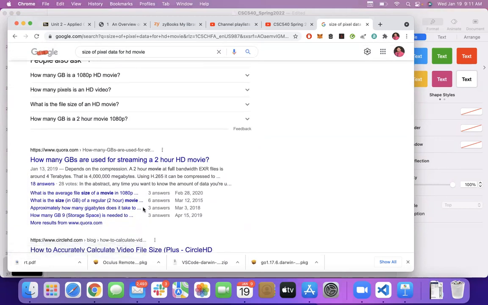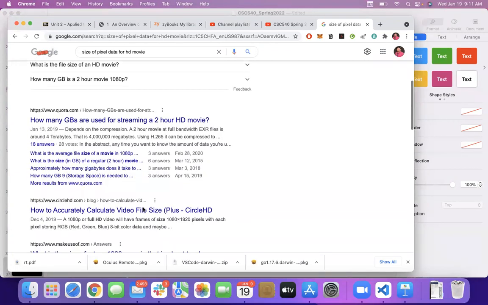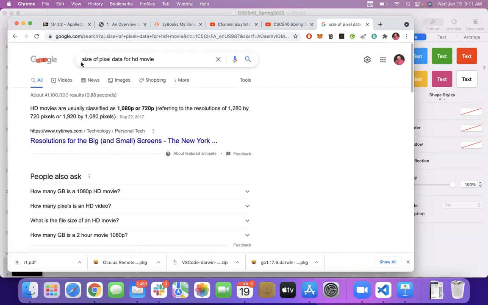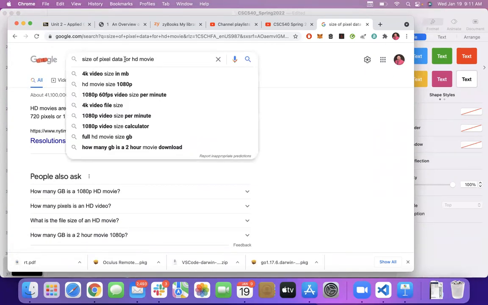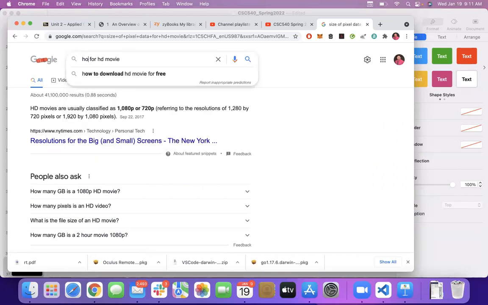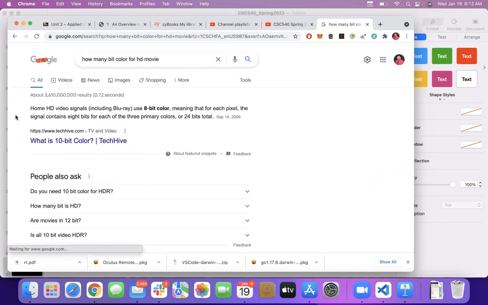Otherwise, I'll just make something up like 24-bit color for an HD movie. Okay, 24 bits total.